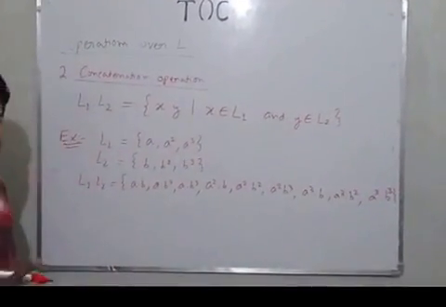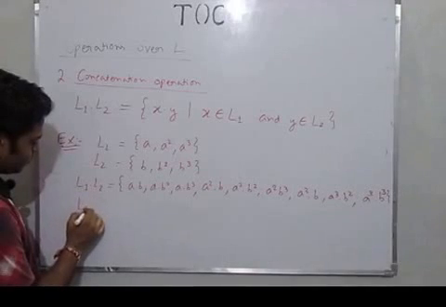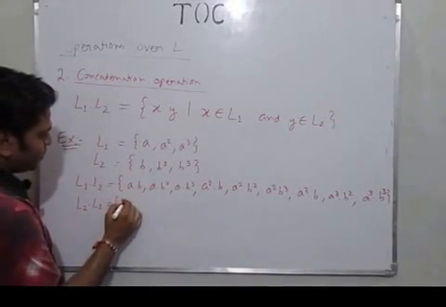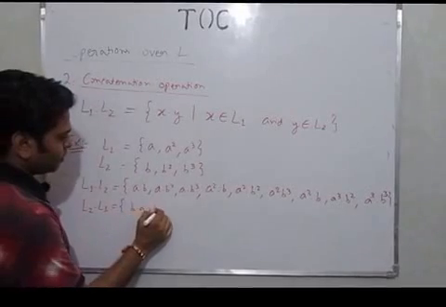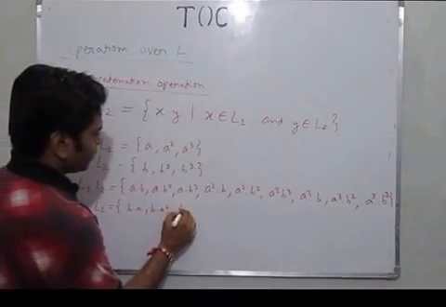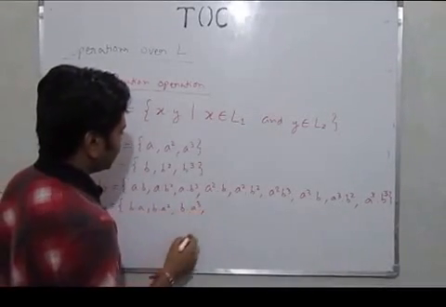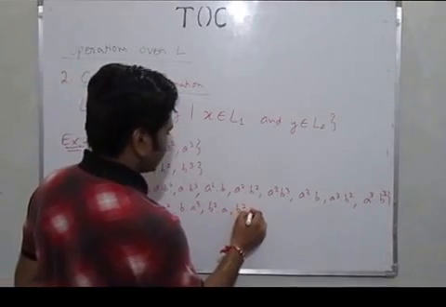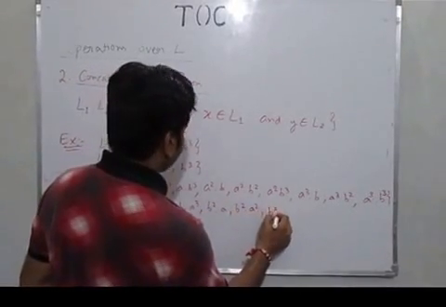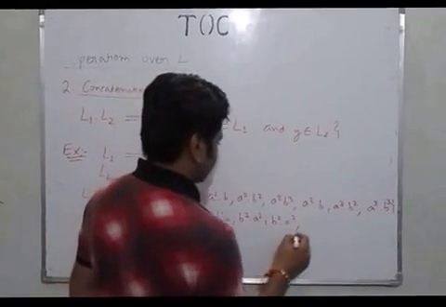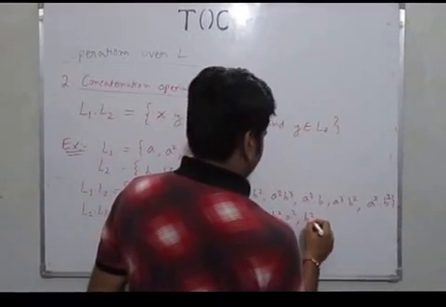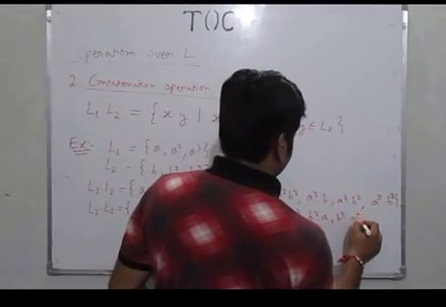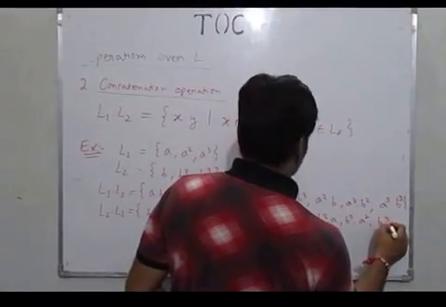Now the next thing is I can also write this in this fashion as B squared A squared, B squared A cubed, B cubed A squared, and B cubed A cubed.